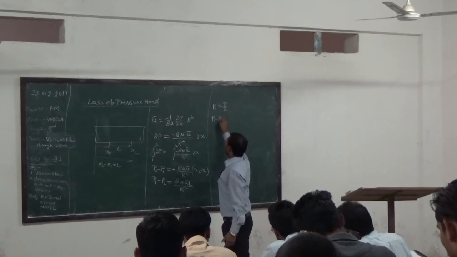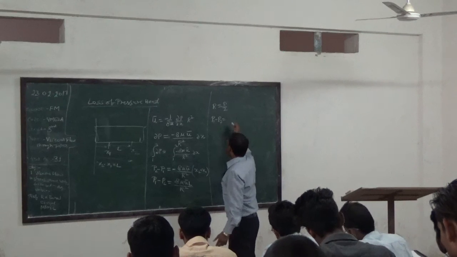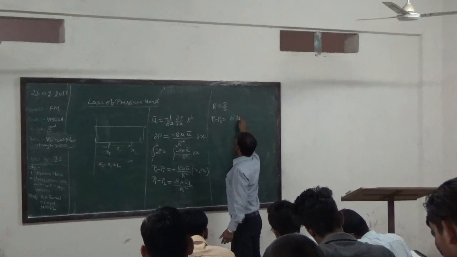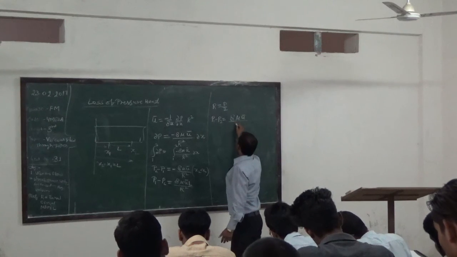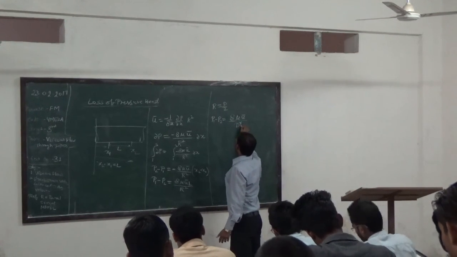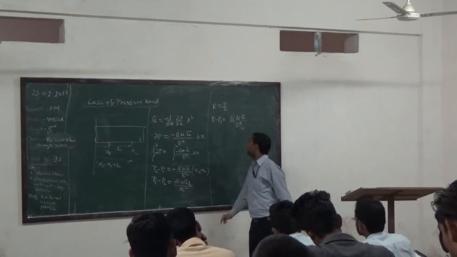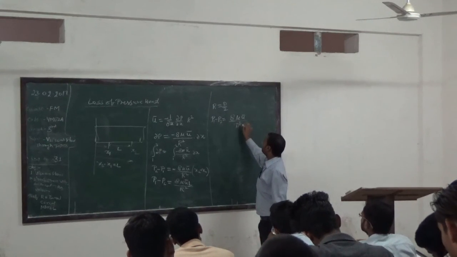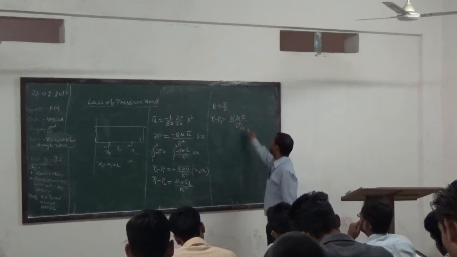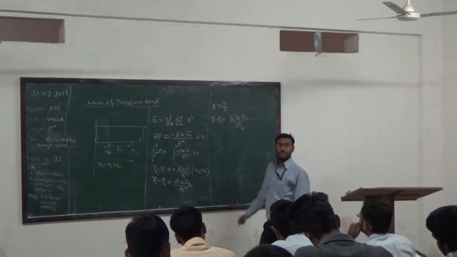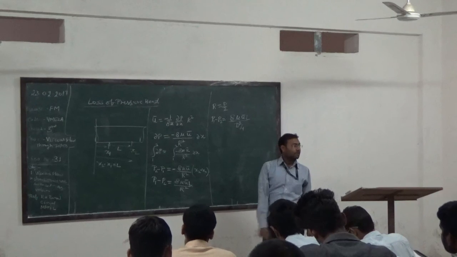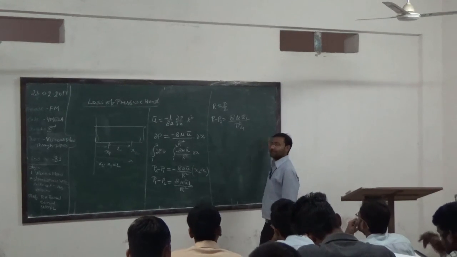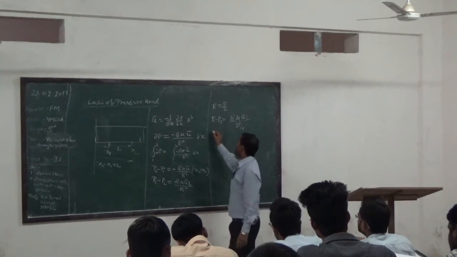So P1 minus P2 is equal to 8 mu u bar divided by d square by 4 into L. Now divide this complete equation by rho g.